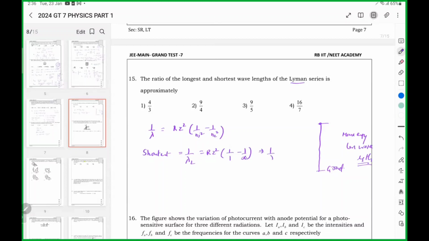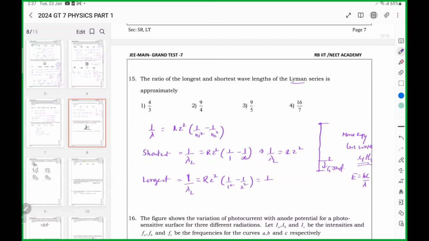So 1 by lambda S is RZ square. For the longest, lambda must be more, which means energy must be less. That is 1 by 1 square minus 1 by 2 square, second orbit to first orbit.